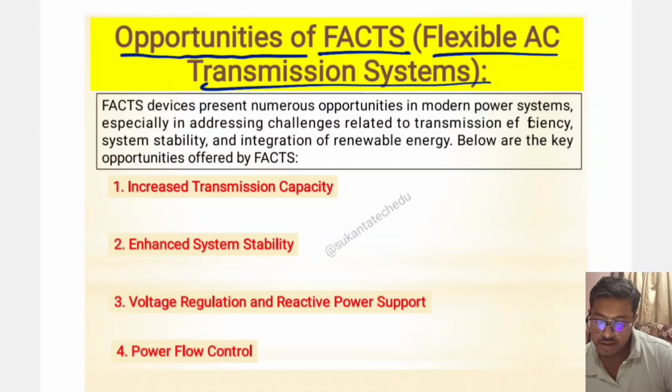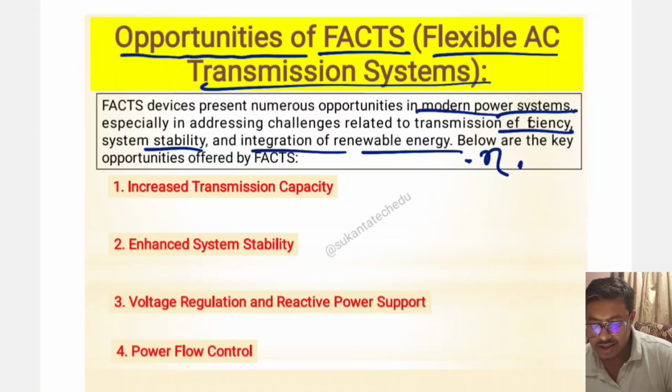FACTS devices present numerous opportunities in modern power systems, especially addressing challenges related to efficiency, system stability, and integration of renewable energy. So these are some opportunities of FACTS: increased transmission capacity, enhanced system stability, voltage regulation and reactive power support, and power flow control. We'll understand them one by one.